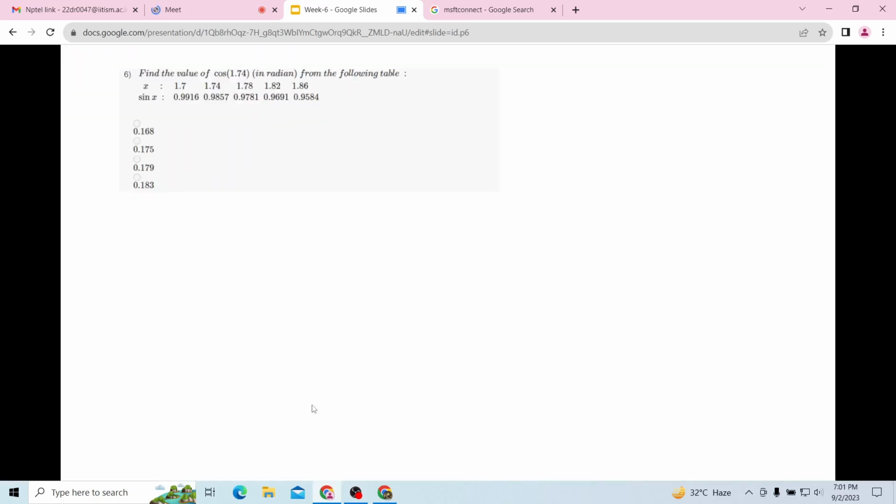Generate the forward difference table and then calculate it.